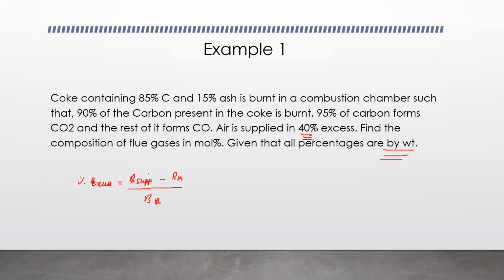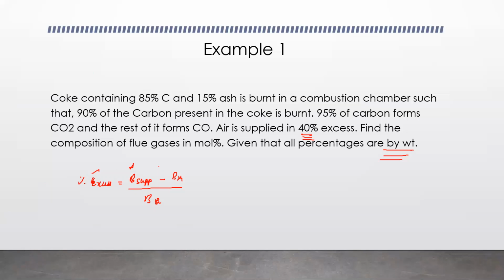So we need both theoretical demand and supply. We have percentage excess, so from there we'll get B supply. So we simply need theoretical demand.